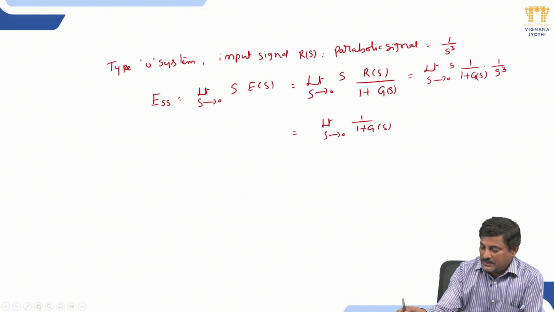Here 1 is in the numerator, s power 1, denominator s power cube. So the numerator cancels and the denominator becomes s square, that is 1 by s square.